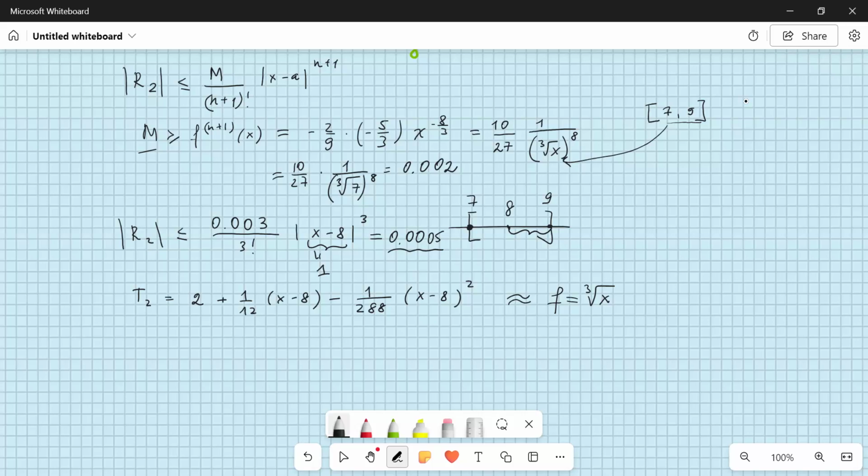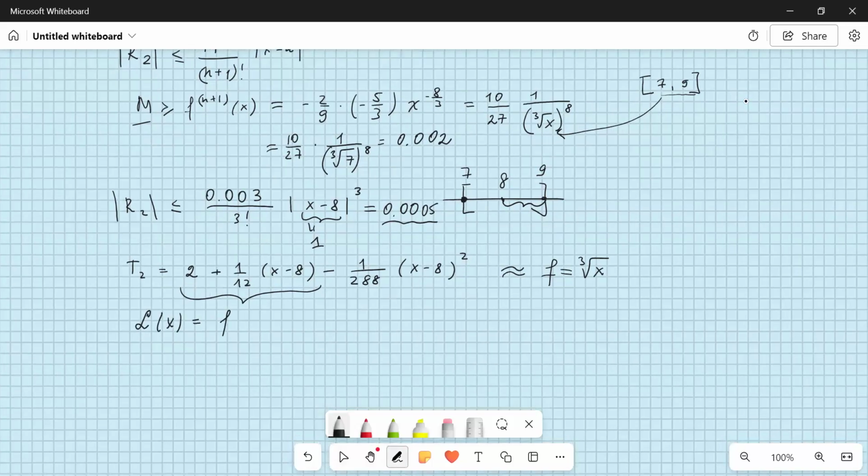And if you guys recall, the first two terms of the Taylor polynomial are the linearization of a function. Remember linearization? Somewhere in Calculus 5a, I was teaching my class. The linearization of f of x is f of x0 plus f prime of x0 times (x minus x0). That's the linearization of a function at point x0, built on the first derivative.